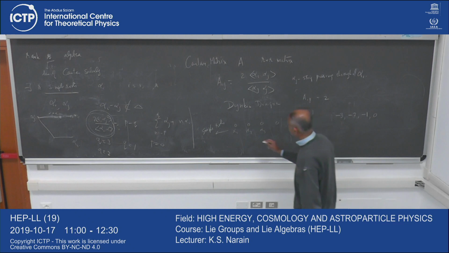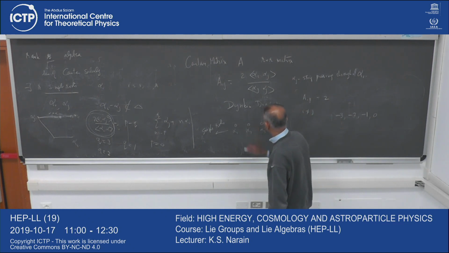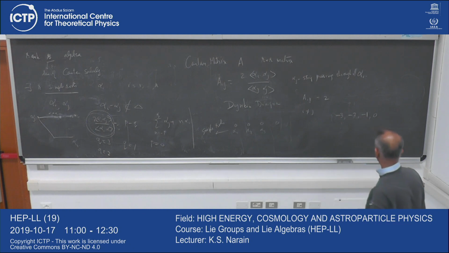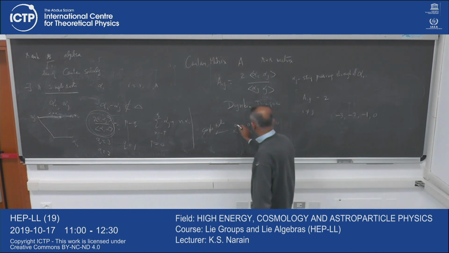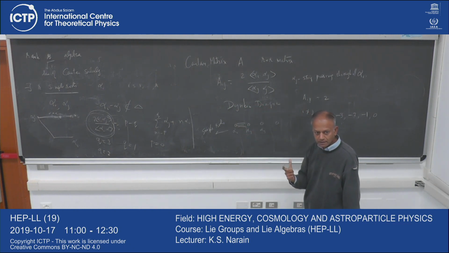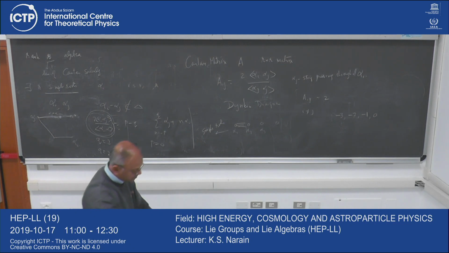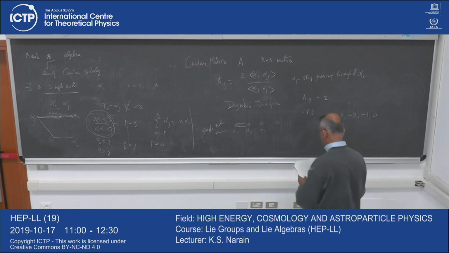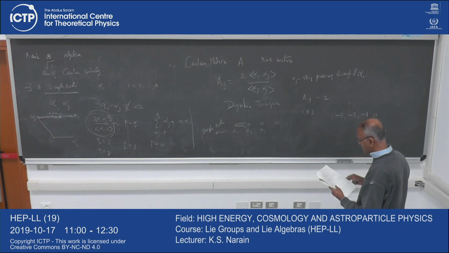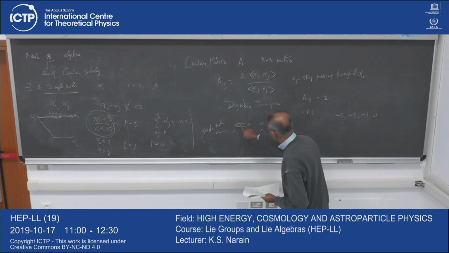So what you do is, let's suppose for alpha_1, alpha_2 the number is 3, then you put 3 lines. You connect two simple roots by these numbers.